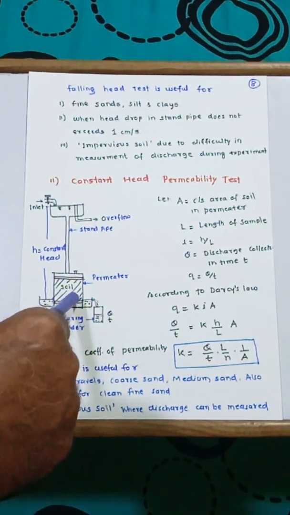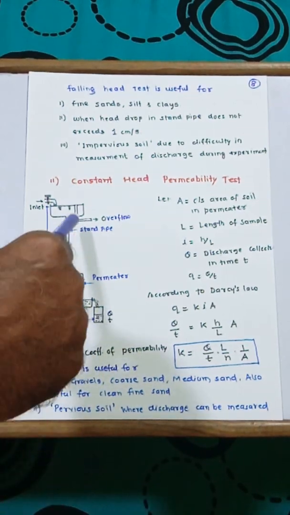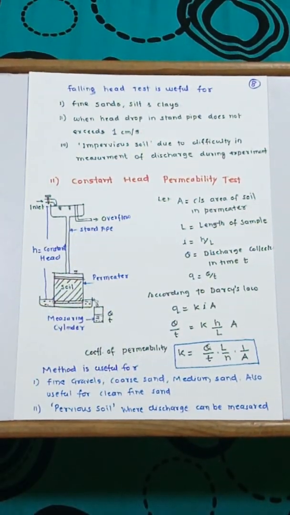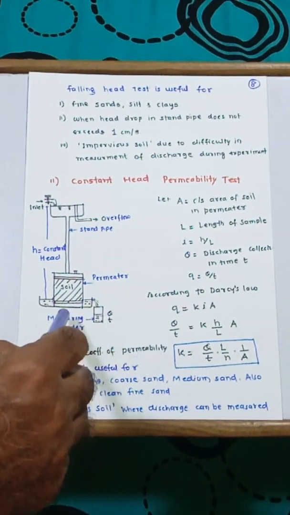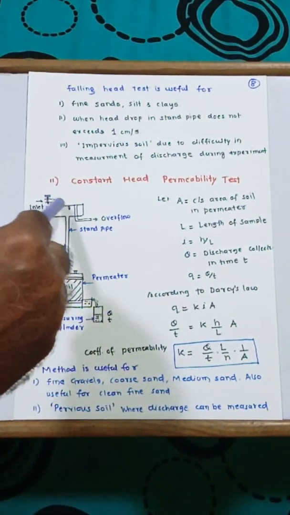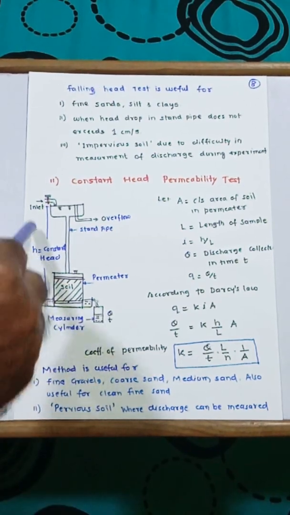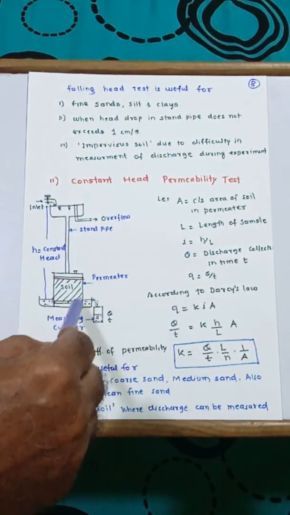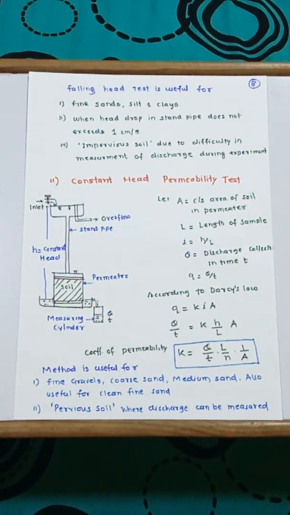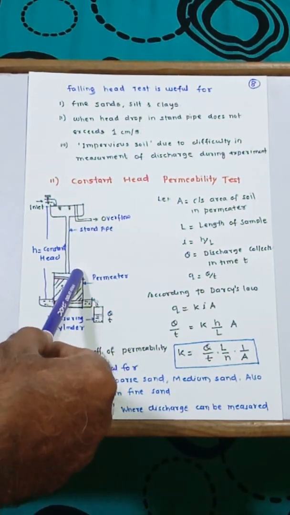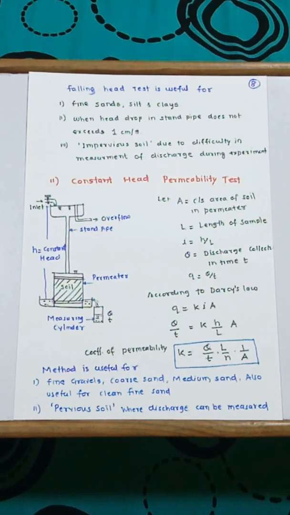The sample is filled up and then fully saturated by running water through for a sufficient time. Generally, we observe that when the head is constant with inflow and outflow, then we say that the sample is saturated. You can even open the air vents frequently to release the air.